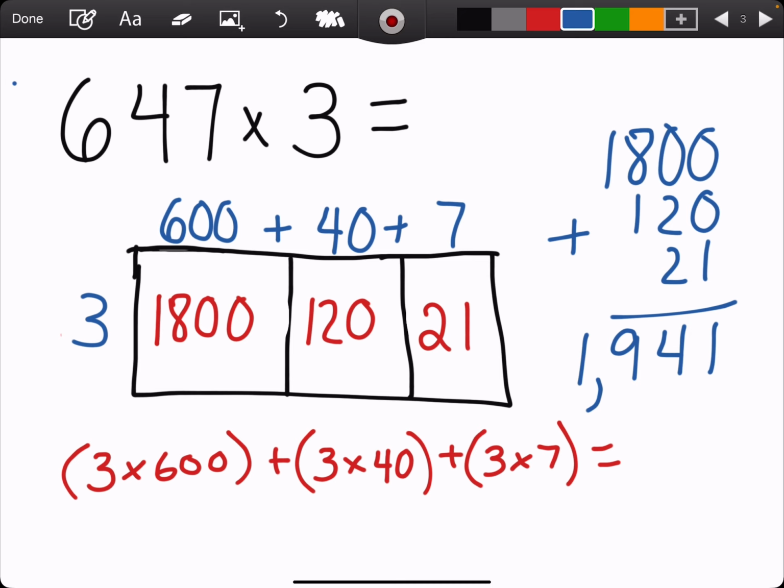So 1,800 and 120 is 1,920. And then 3 times 7 is 21. Add another 21: 1,941. So you are able to work through these problems mentally, but it gives you a conceptual understanding.